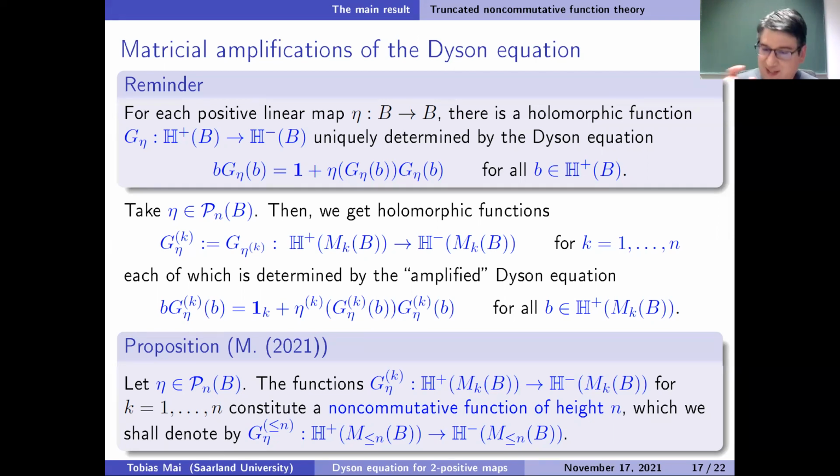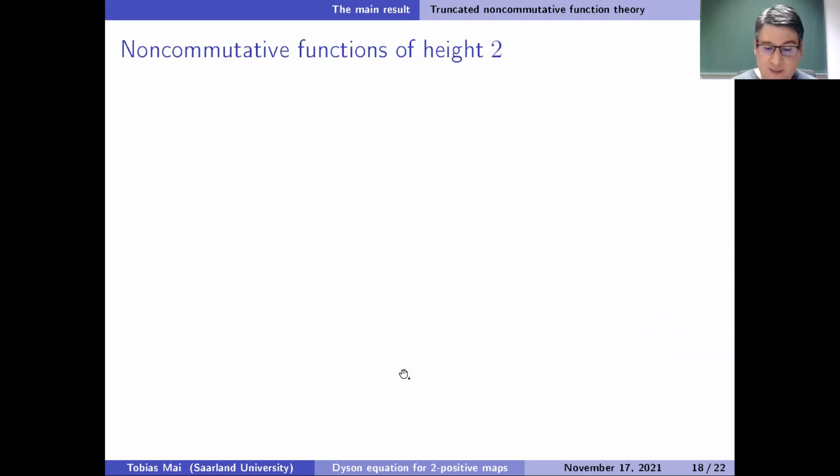But we can only consider it up to level n because eta is only assumed to be an n-positive map. So we can only consider it up to this level. This is why we need this particular limitation.